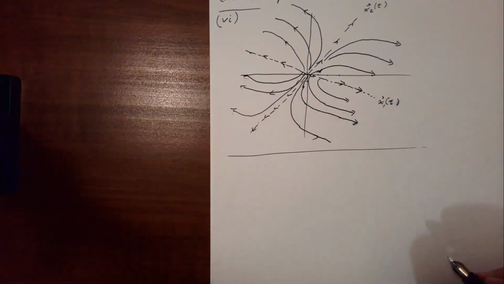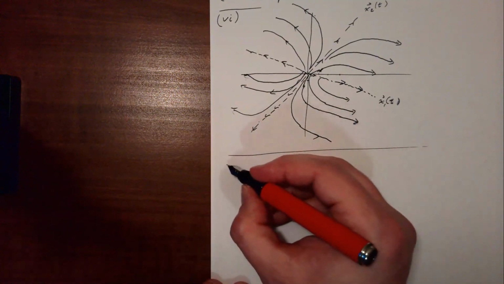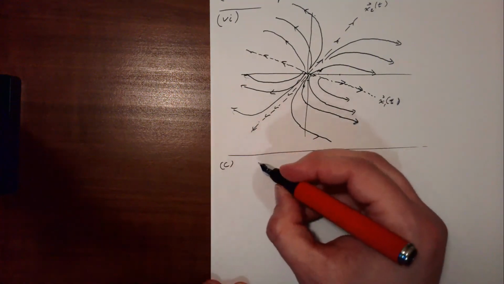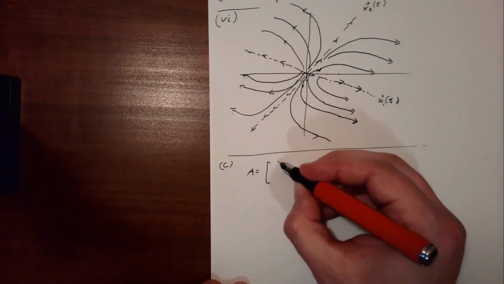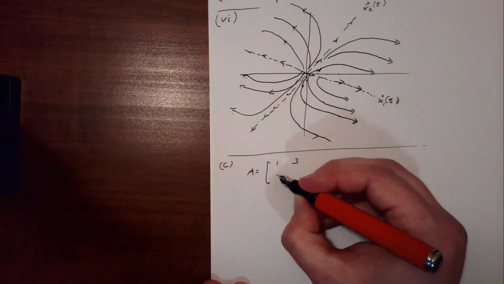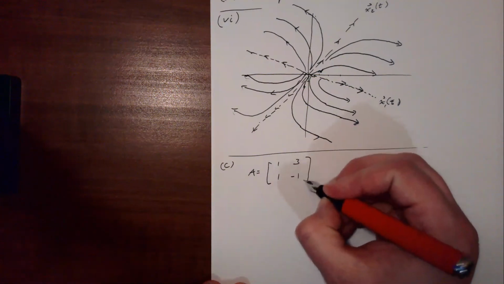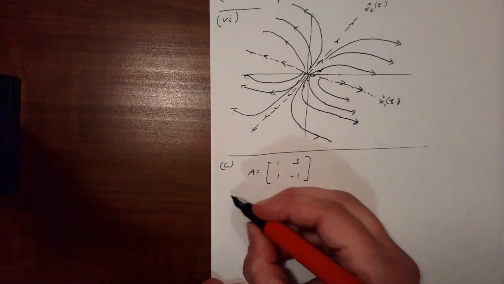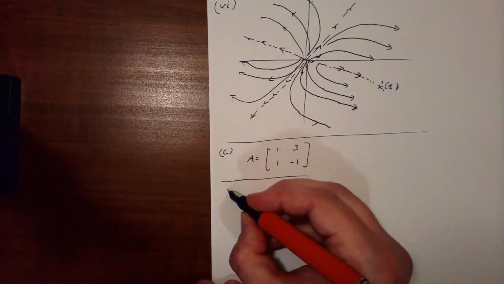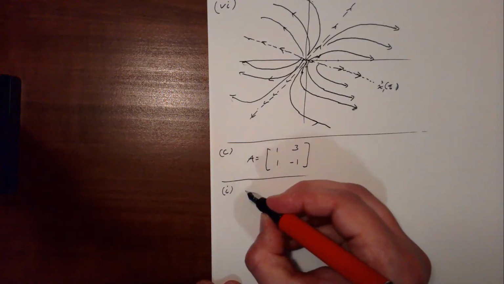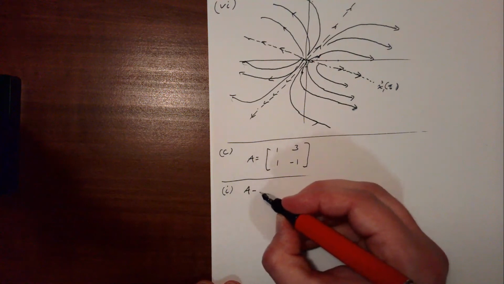Okay, so there's that. Now, last one here, let's say A equals 1, 3, 1, negative 1. So, for this one, we have to find the eigenvalues.